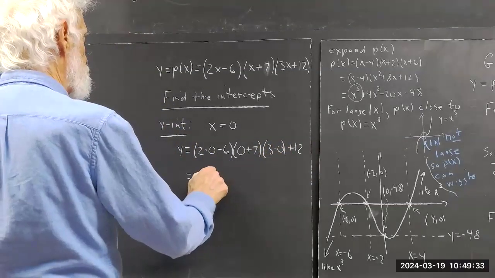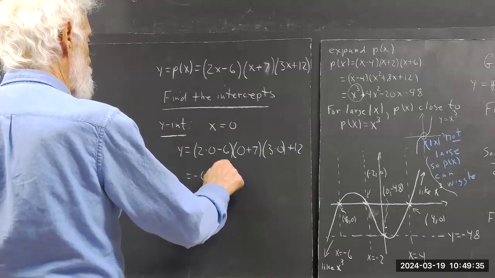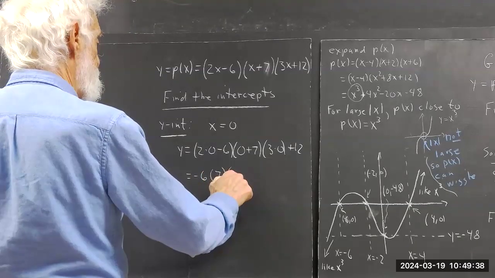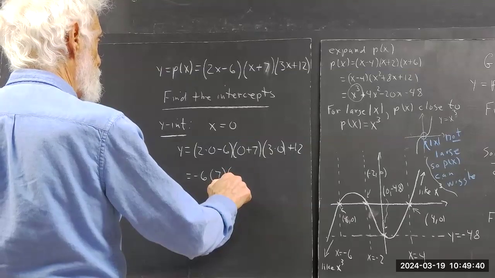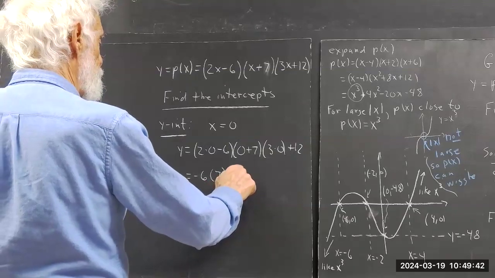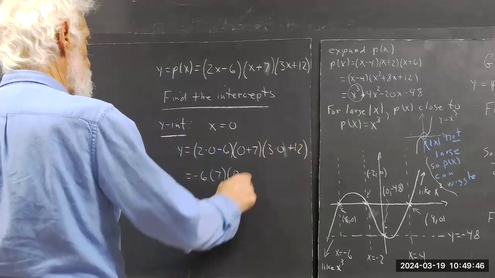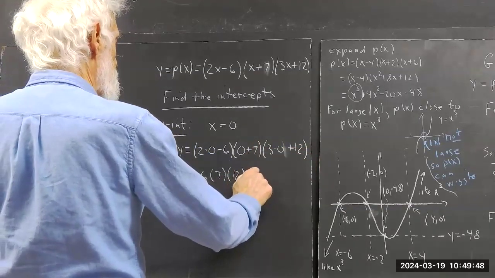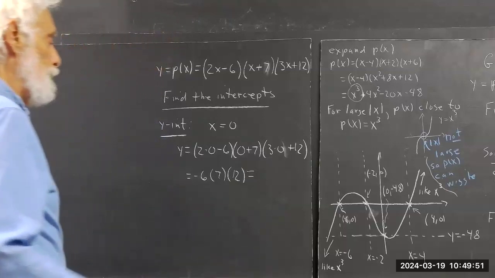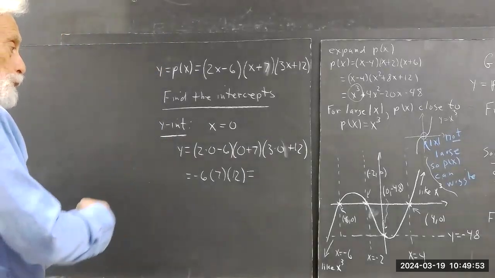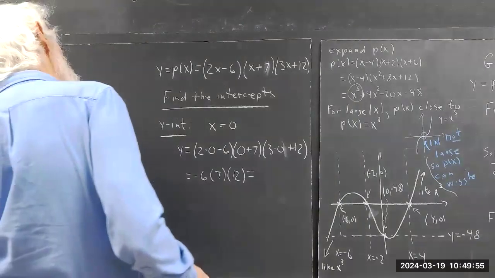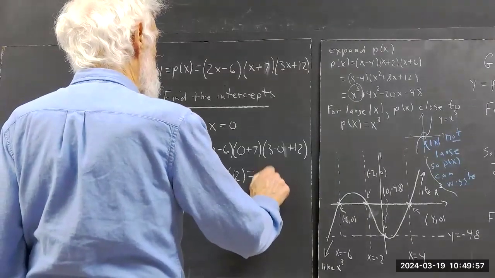That equals negative 6 times 7 times 12. And I put my parentheses in the wrong place and confused myself there. Well, now I got to multiply that out. That's negative 42 times 12 is negative 504, I think.